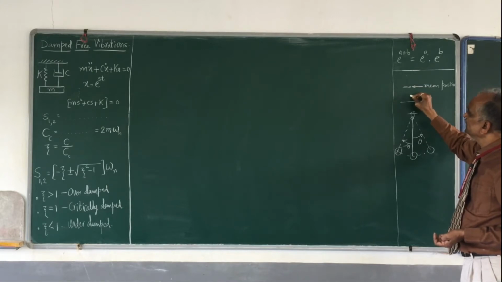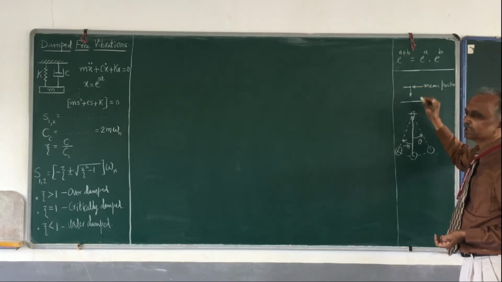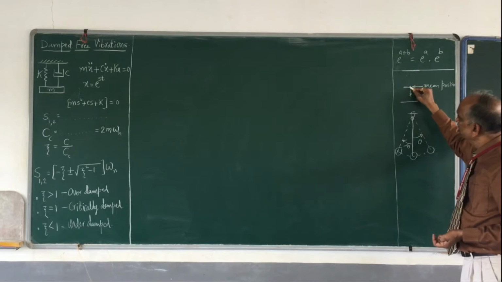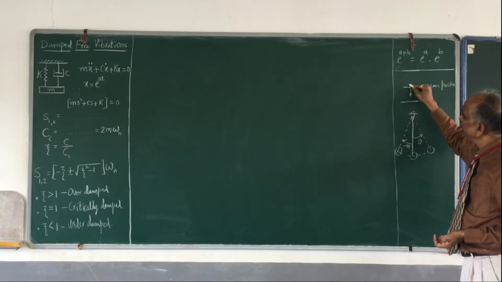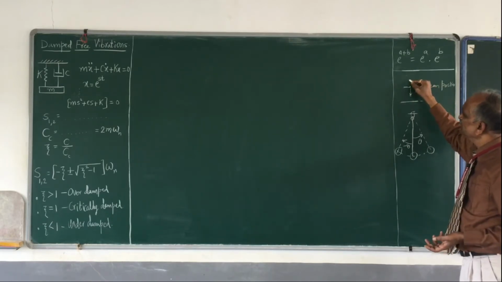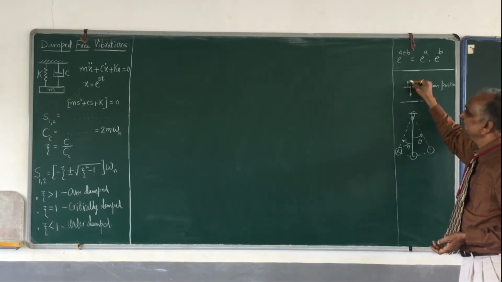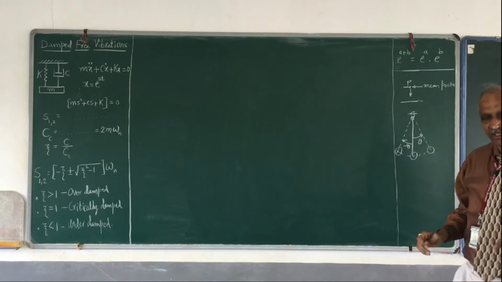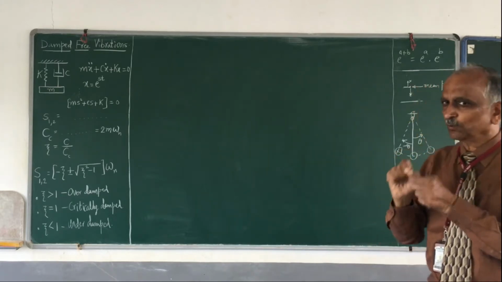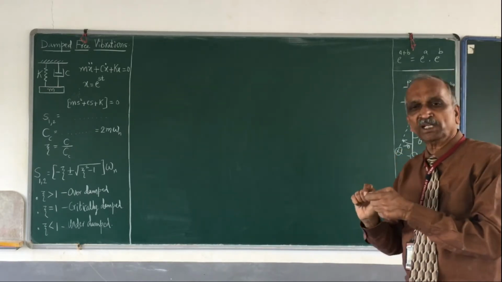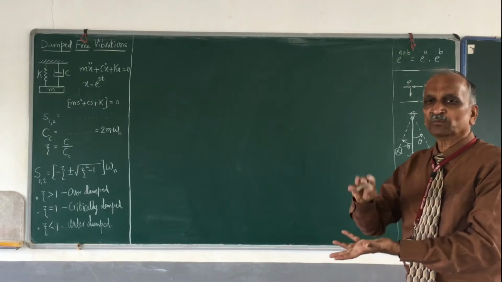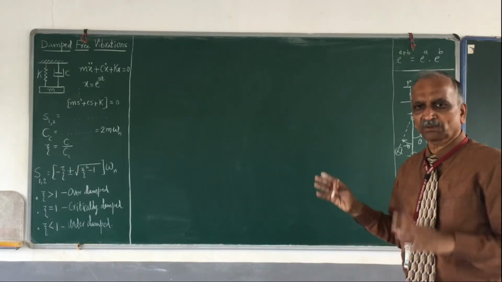Suppose the particle is here, then this is what I call the displacement. If I call this displacement positive, then after some time the particle may be here. At that time its displacement is negative. What I mean is, if anything has to vibrate, then its displacement must vary positive, negative, like that.